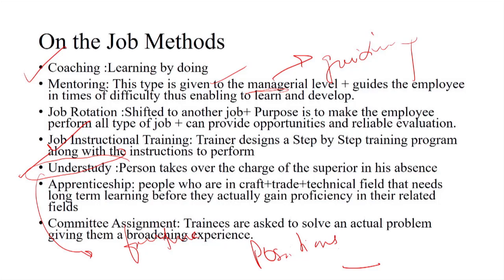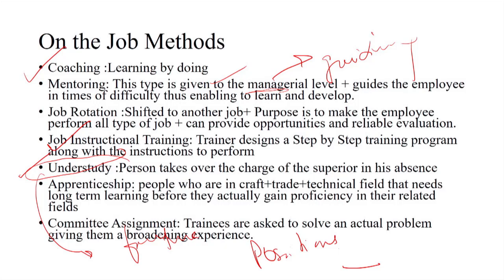So, it is a system of training a new generation of practitioners of the skill. Here people will be working under somebody who is very experienced, and the main purpose is to gain proficiency in that particular area. They perform their own task under the direct supervision of their guide, mentor, senior or masters.